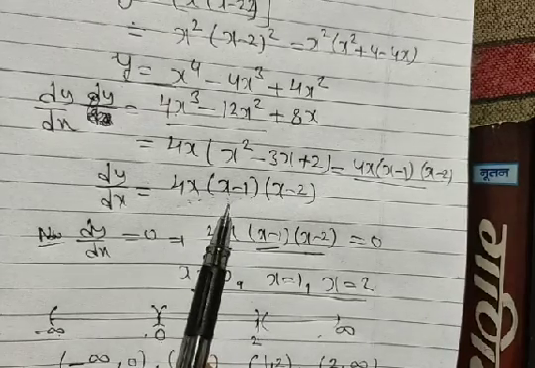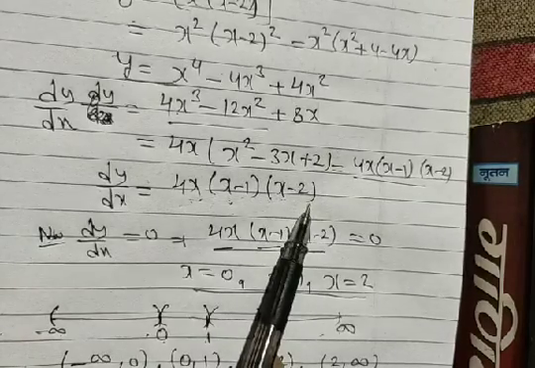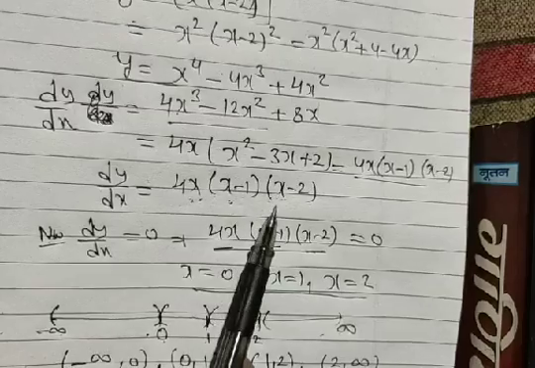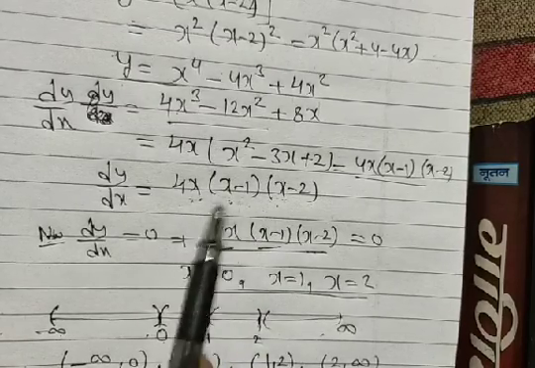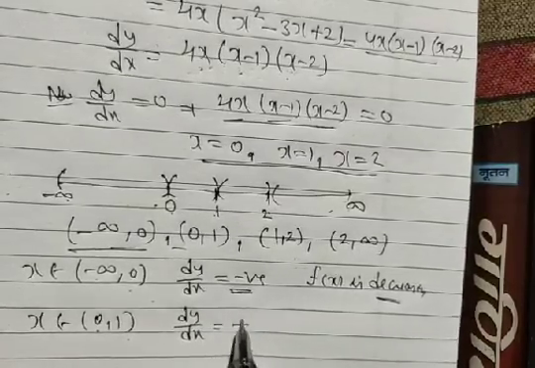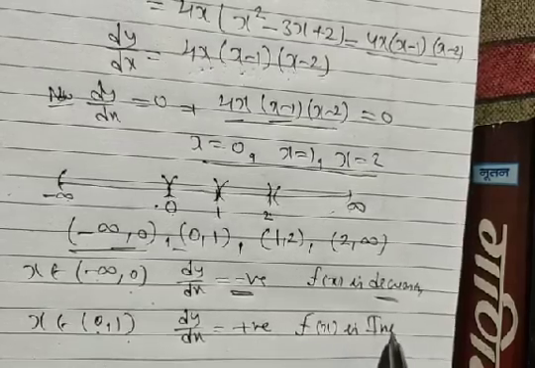Here our sign is positive. Here our sign is negative, and between the points 0 and 1 we get also negative sign there. Then this is positive and these two are negative, so negative times negative times positive. In the interval 0 to 1 the sign of dy/dx is positive, so in this case our f(x) is increasing.